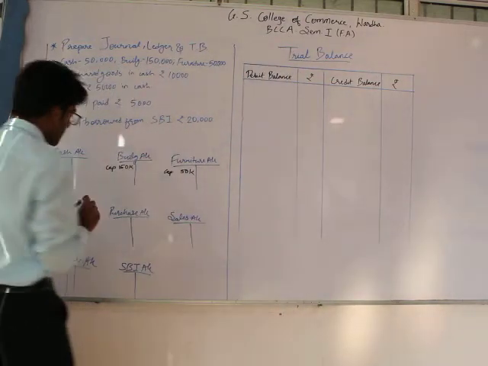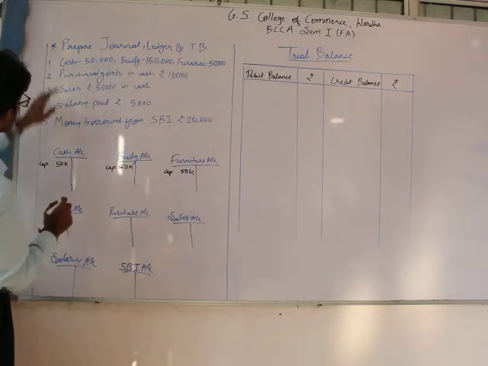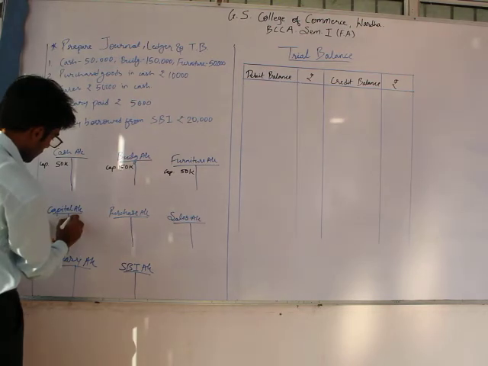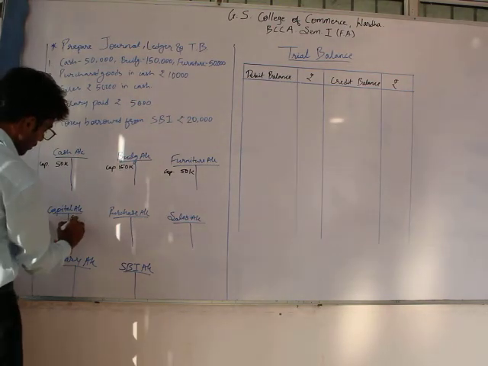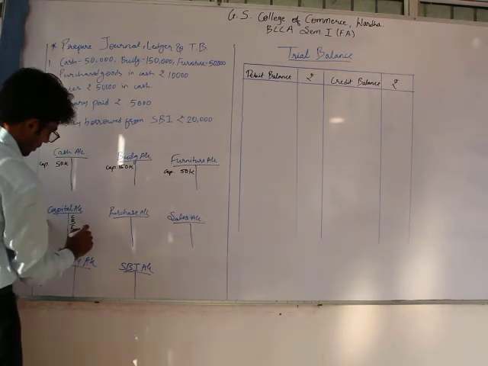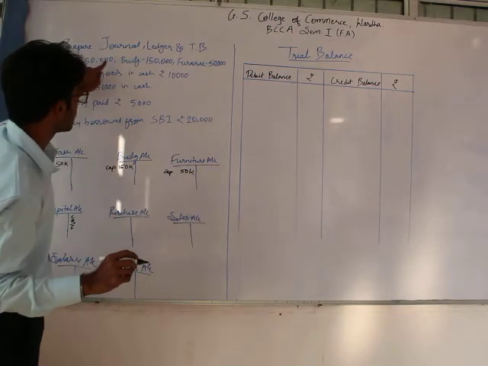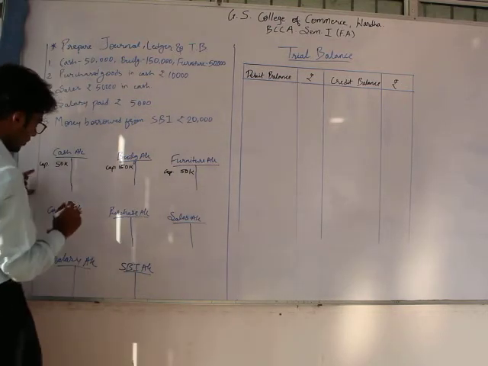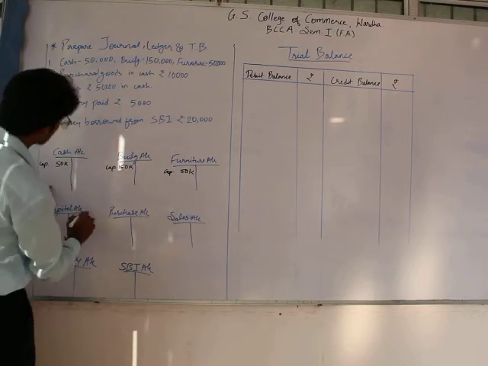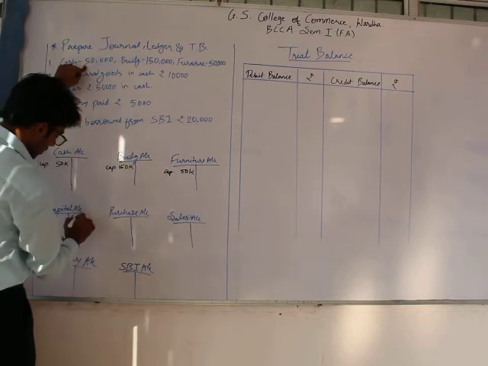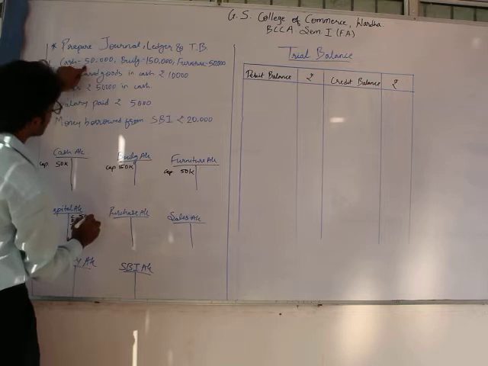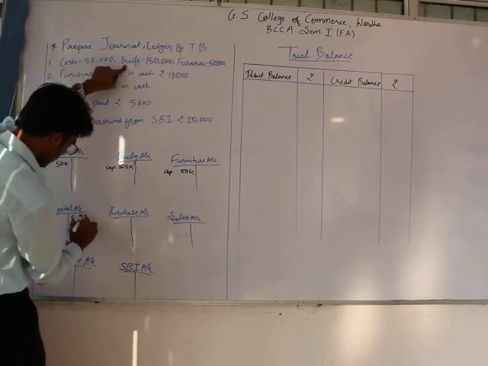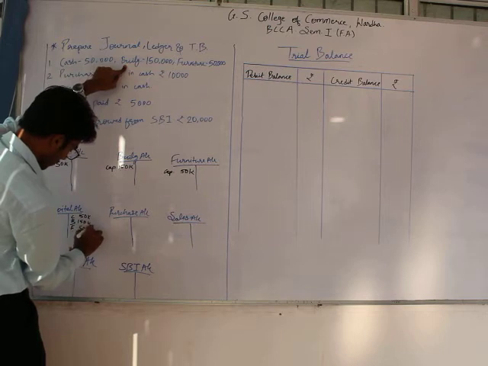That's why in the credit side of capital I am going to write cash, building and furniture. I am directly writing the total of it, but you cannot. We are not writing the figure directly. Here cash is 50k, building is 1,50,000, and furniture is again 50k.